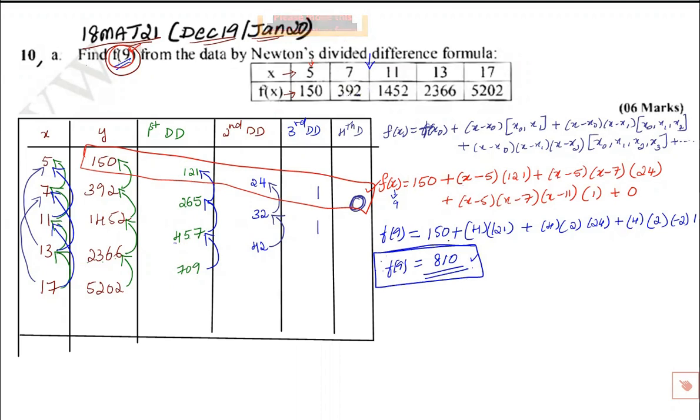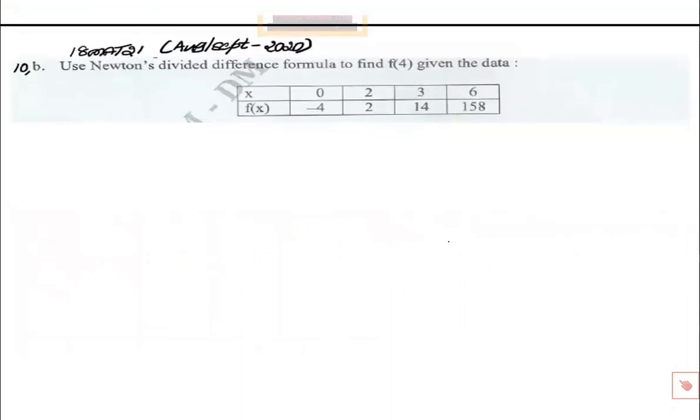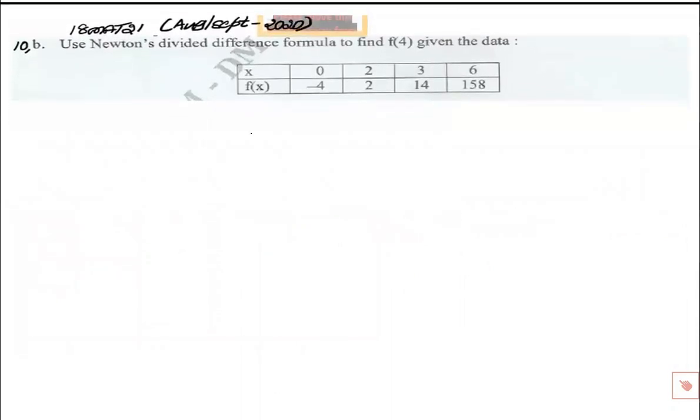Next, we'll move to the third problem from again 18 Mat 21, August September 2020 question paper. Question is, use Newton's divided difference formula to find, again they are not asked the interpolating polynomial here, the value of f of 4 from the given data.